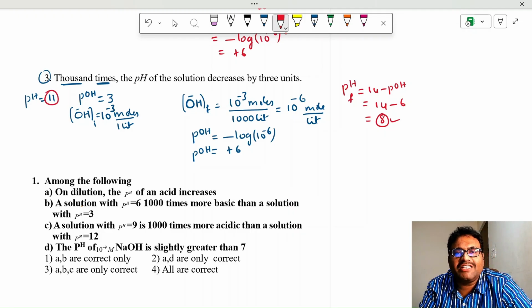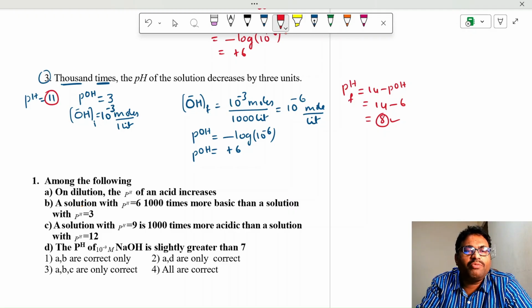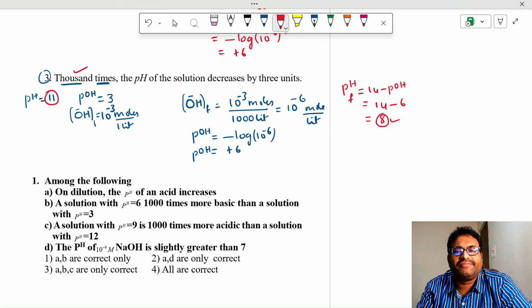So final pH is 8, initial pH is 11. How many units has it decreased? We find a decrease by 3 units on diluting the solution by how many times? 1000 times. On diluting which solution? Basic solution. We have found that the pH of the solution is decreased by 3 units.